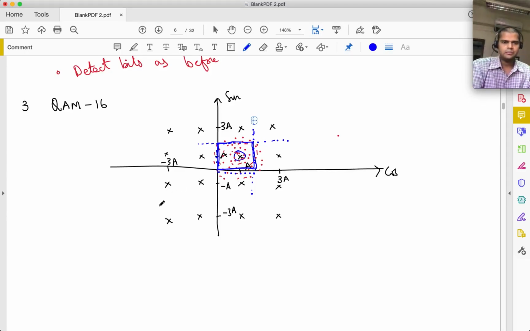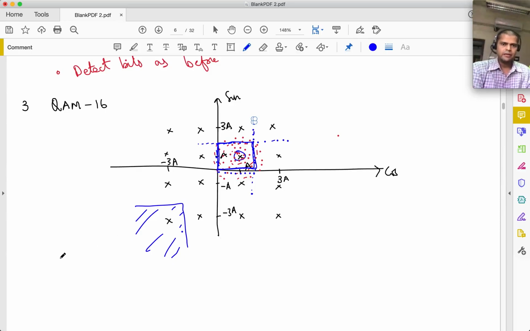Right? And similarly, what about this? So here, these points in the corners are going to have regions a little bit different. It will look like this. Anything in this region, any receive point here, is closest to this point. And you can do that for all of these. You can find what is the closest region to each. Okay.